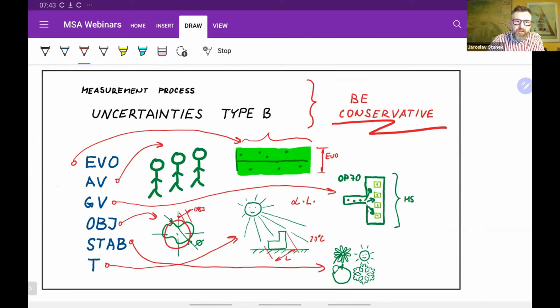If you know that your air conditioning is capable of keeping this between, let's say, 18 and 23, then the biggest difference from the 20 we had in the beginning is 3.